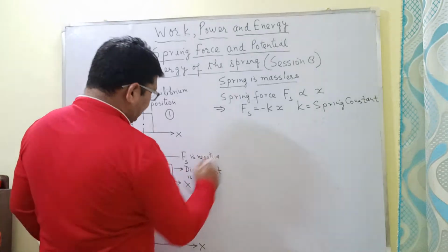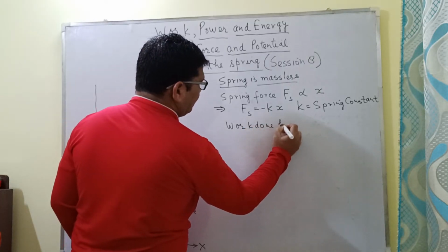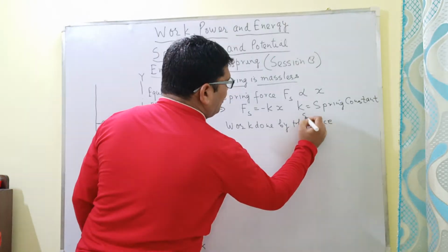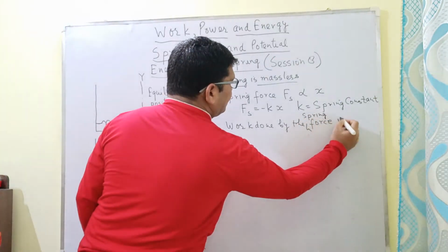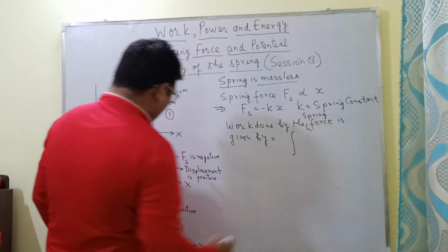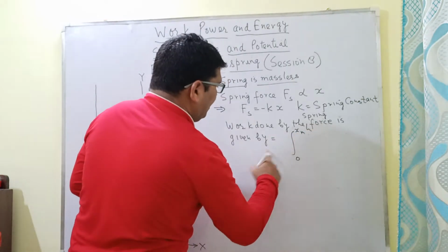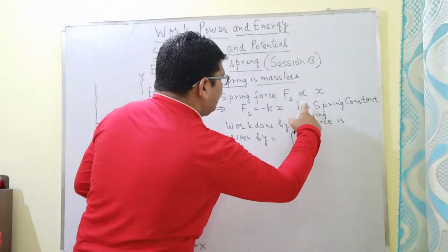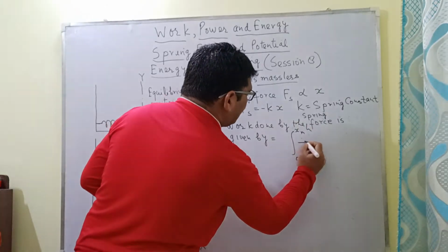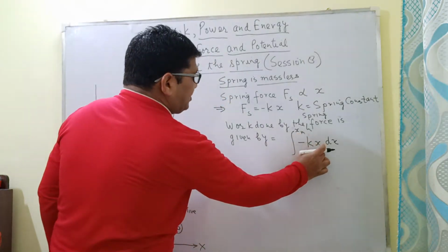In this case, the work done by the spring force is given by, this is the origin, the displacement is xm, so I will be integrating from 0 to xm the spring force into dx. The spring force is equal to minus kx, so it is minus kx dx, where minus kx is basically the spring force.